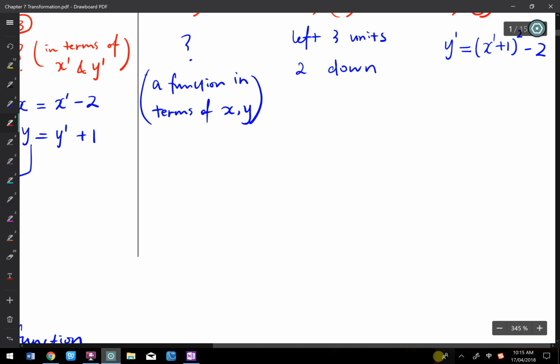So left 3 units, what I can write is x dash equals old x minus 3, and y dash equals old y minus 2. That's what I can see from the description.